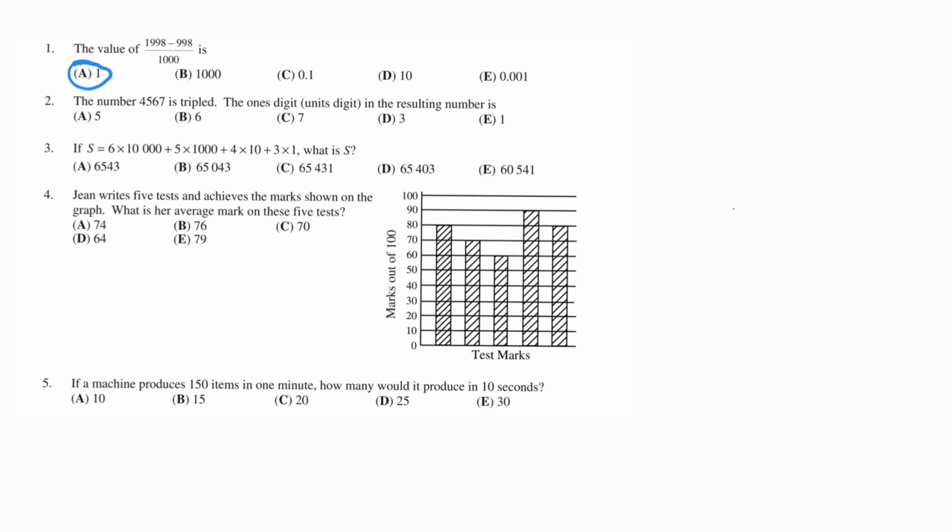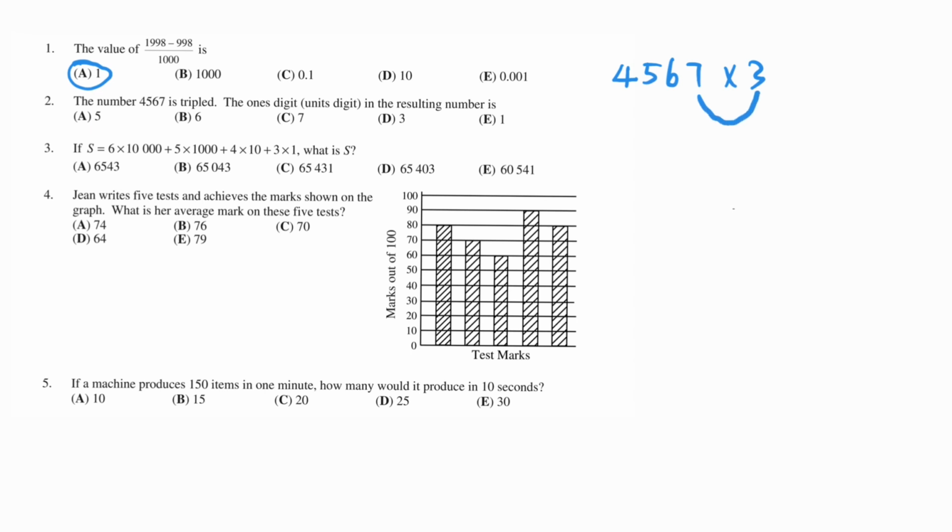Number 2. The number 4567 is tripled. The units digit in the resulting number is, they ask. 4567 tripled, that means times 3. What's the answer of the ones digit?